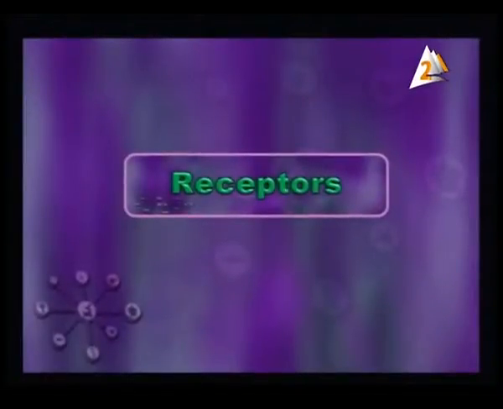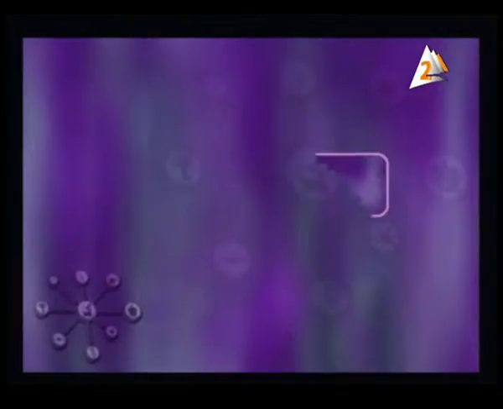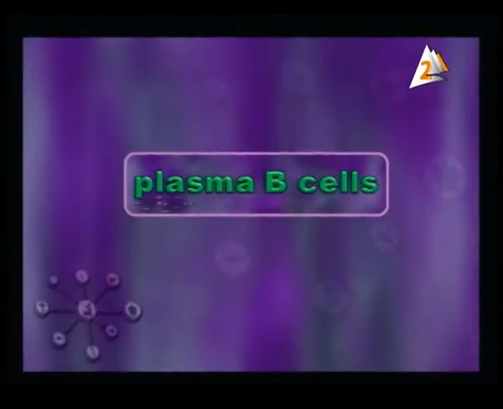These receptors recognize and join with the antigen on the surface of bacterial cells or foreign bodies. Then the B cells change to specialized B cells called plasma B cells. What is the importance of these plasma B cells? These plasma B cells, in turn, produce antibodies.